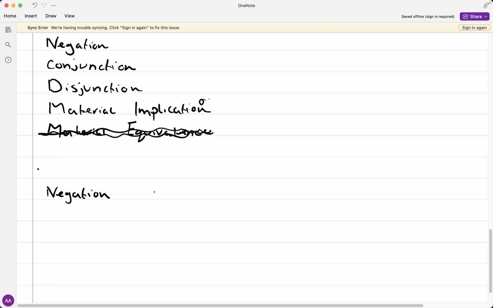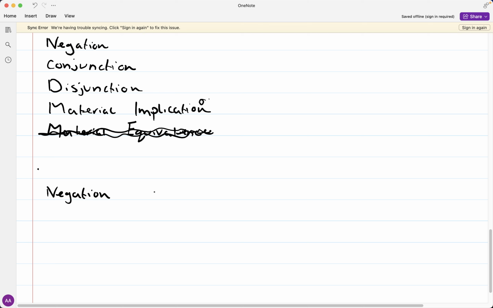Whereas a proposition like the letter P, just sat in a sentence, would be true. The representation of P suggests that the proposition itself is true. The negation of P takes it and falsifies it. It makes it false. So if I have a negation symbol in front of this proposition P, what I'm saying is not P. It is not the case that P is true.